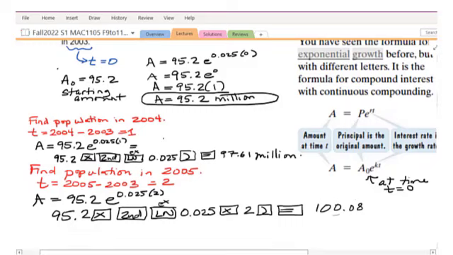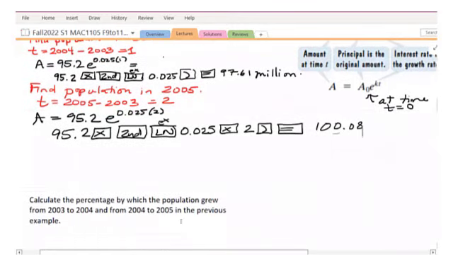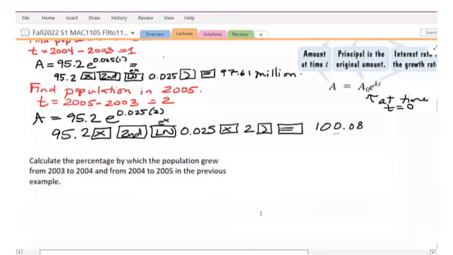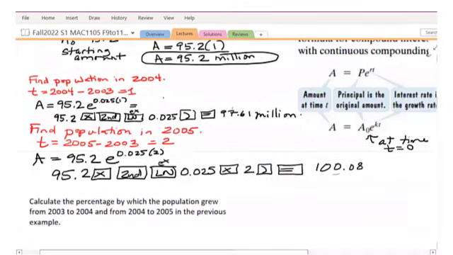Okay. All right. So now in the next question, I would like to talk about how much the population from the previous problem changed from 2003 to 2004, and also from 2004 to 2005. So how do you determine by what percentage something has changed?